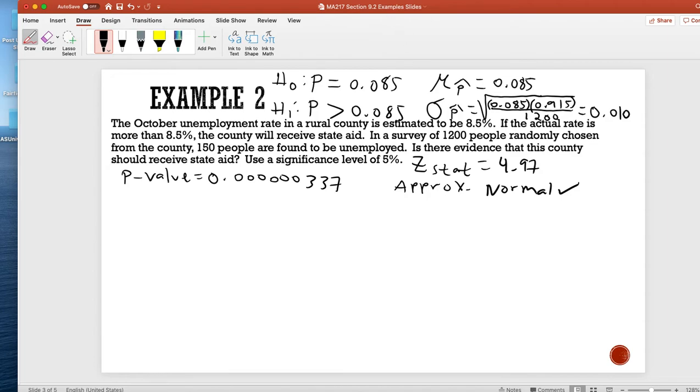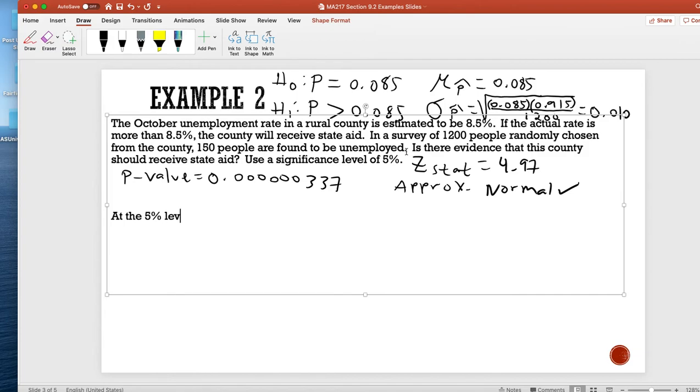But the specific conclusion for this, put that down here: at the 5% level of significance, right, we have ourselves a p-value right here very low, much less than 5%. So now we can reject the null hypothesis.